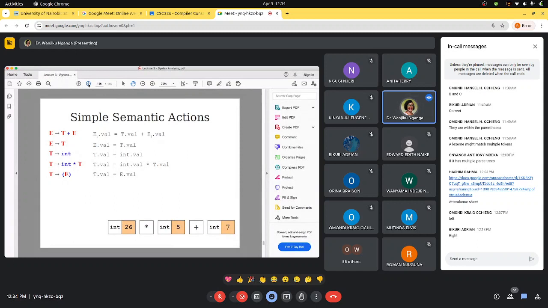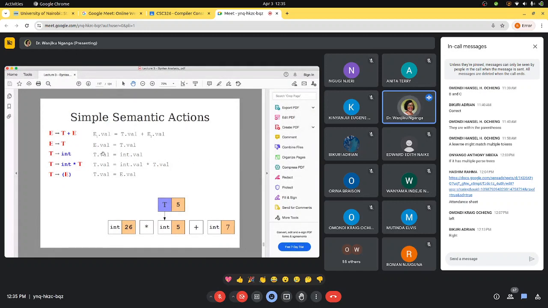If that is our token string coming from the lexer, these are the entries that we have in our symbol table. We have an int with the value 26. We have a token multiplication, another token of type int with the lexeme 5, etc. Once the parser gets the first int, it calls the rule T goes to int.